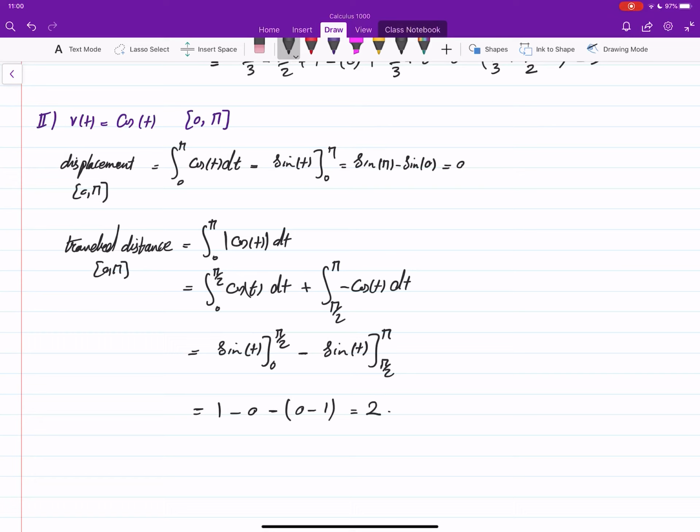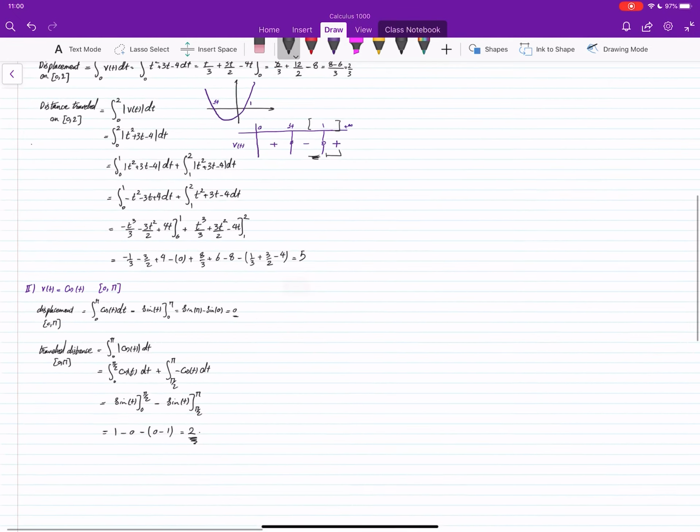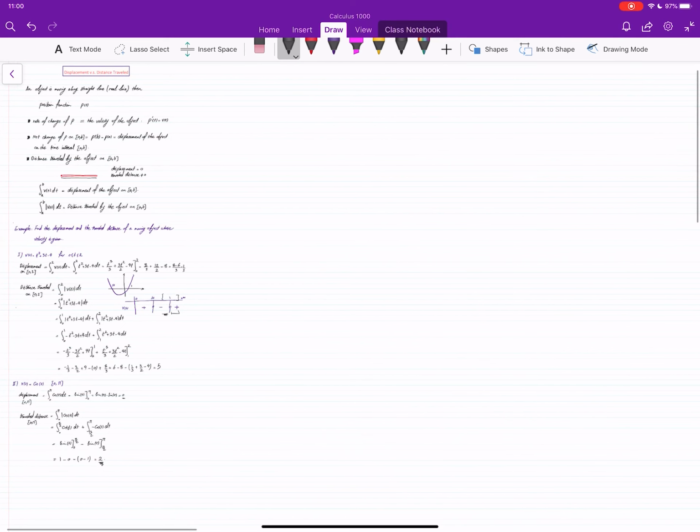So it traveled 2 units, but the displacement is 0. So it means that the starting and end point are the same for this object. Okay, so the physical meaning and how to compute each one was the topic of this video.